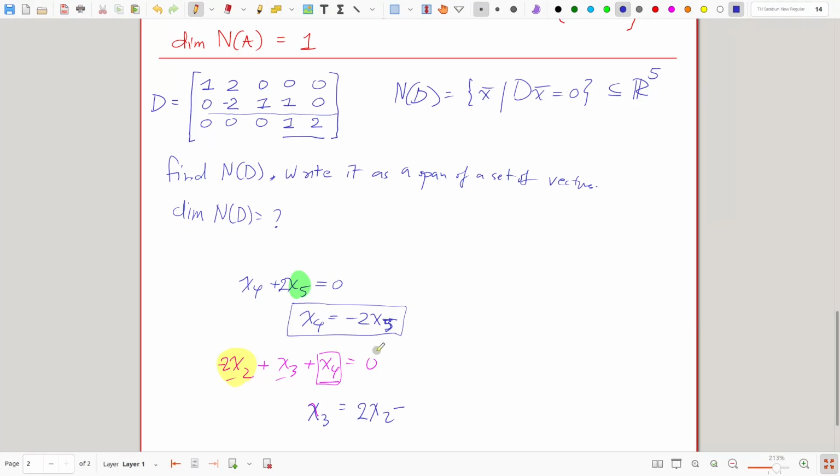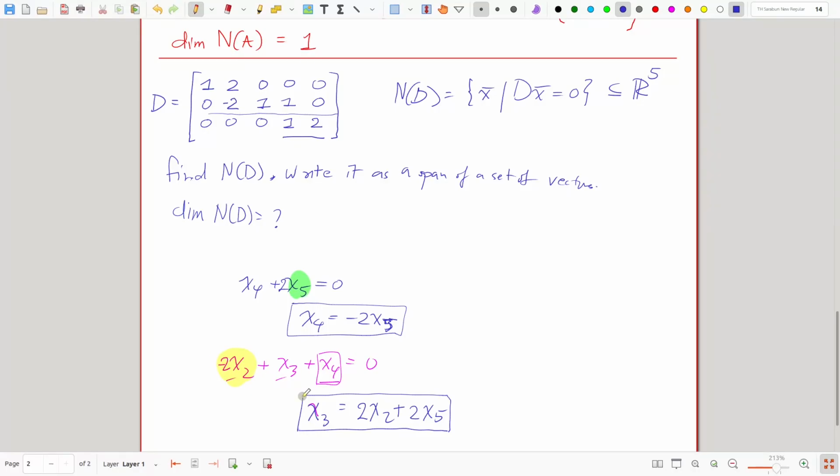So x3 is 2x2 plus 2x5. We don't have to work on x2 because it's the variable that we will set.